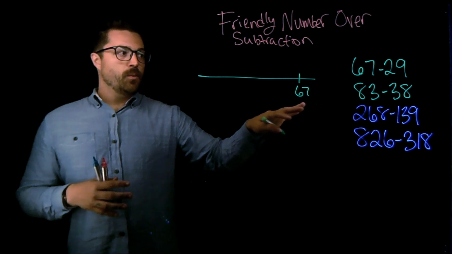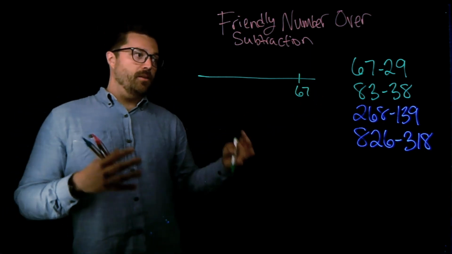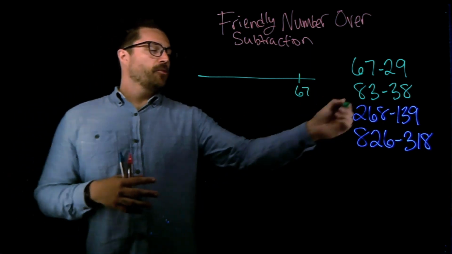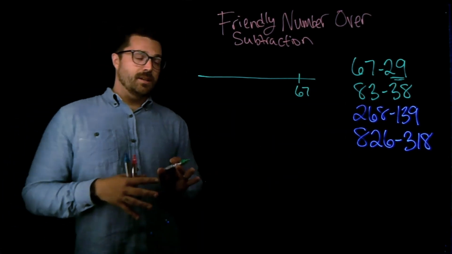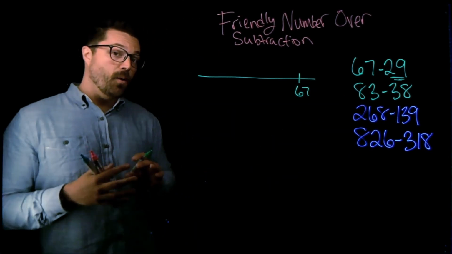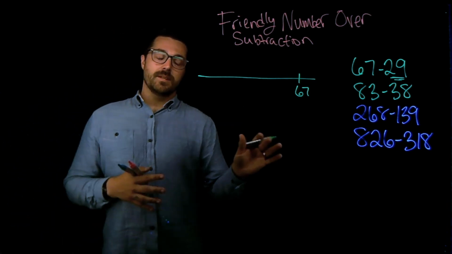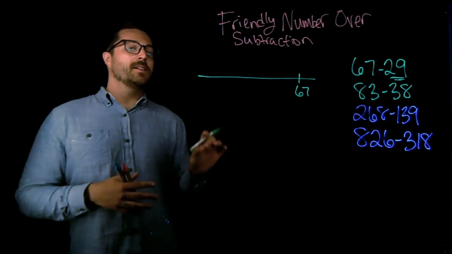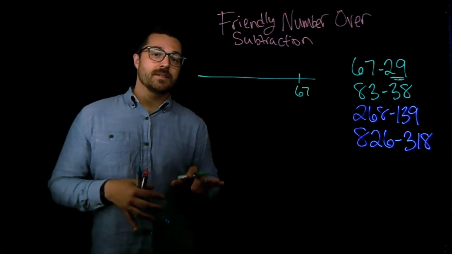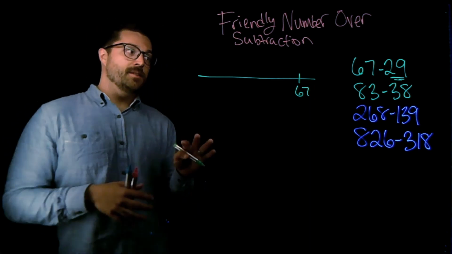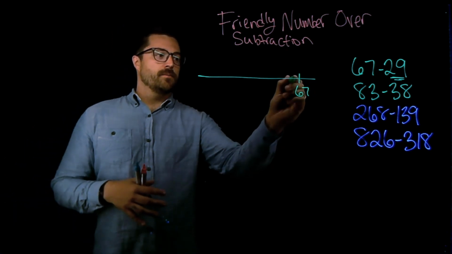The first thing I want to do as I'm thinking about how this strategy might work is focus on the number that we want to take away. And I notice, and the reason this strategy is advantageous with this example, is that 29 is really close to 30. Subtracting 30 from 67 would be a lot easier than subtracting 29 from 67.